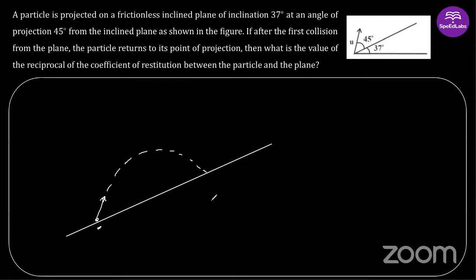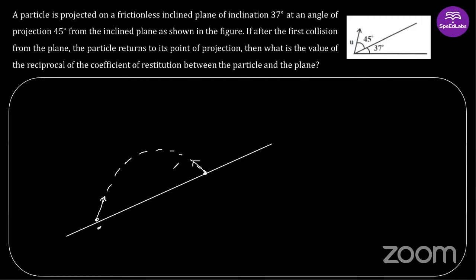If it is returned with the same speed, won't it follow back the same path? If you throw something and it does this motion, and you throw it back from here with the same speed, it will follow the same path. So whatever speed it hits the plane with is the same speed with which it comes back. Okay.